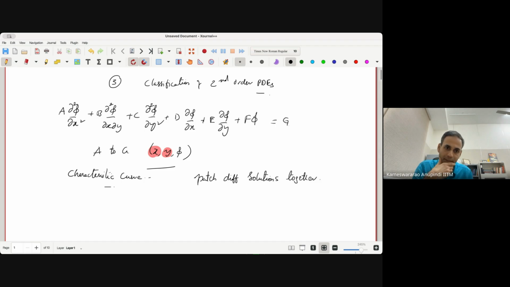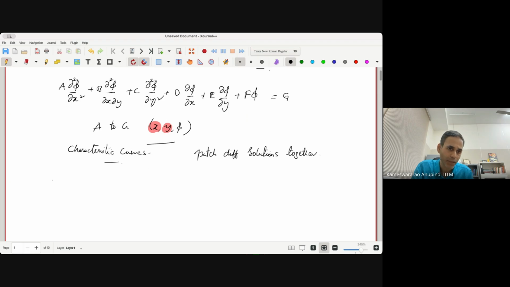And along these characteristic curves, the second derivatives of the independent quantity phi could be indeterminate, right? That's what we said.